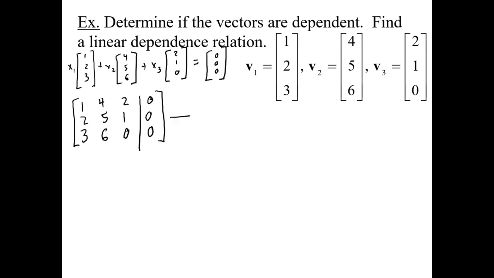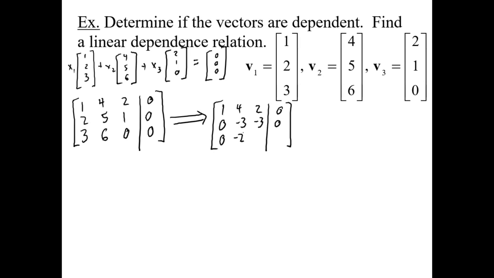Okay, so let's continue. Let's solve the system. Top row is fine. Multiply the top by -2 and add the second row would give me 0, -3, -3, 0. Multiply the top by -3 and add the bottom row.